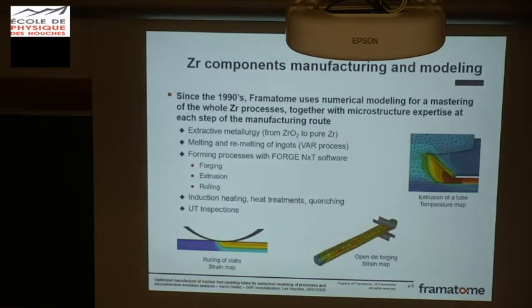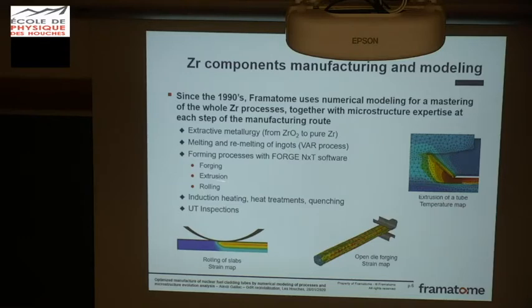So to manufacture these products, we have several processes, and for each of these processes we currently use numerical modeling in order to improve the process parameters. So it starts from the extractive metallurgy, because we produce our own zirconium metal from zirconium oxide.